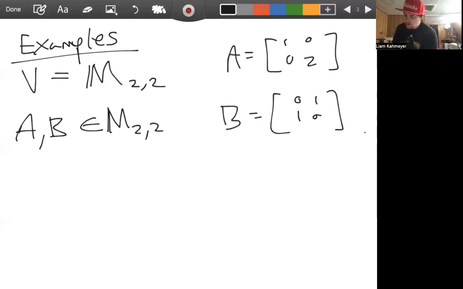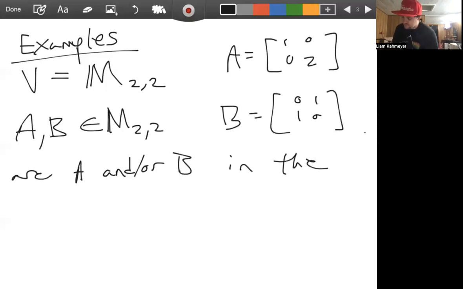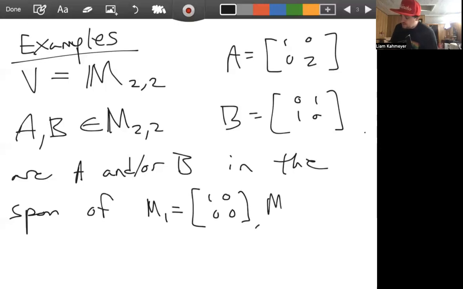And we want to ask, are A and/or B in the span of the following elements of our vector space here. We'll let M1 equal 1, 0, 0, 0, and M2 is going to be 0, 0, 0, 1.